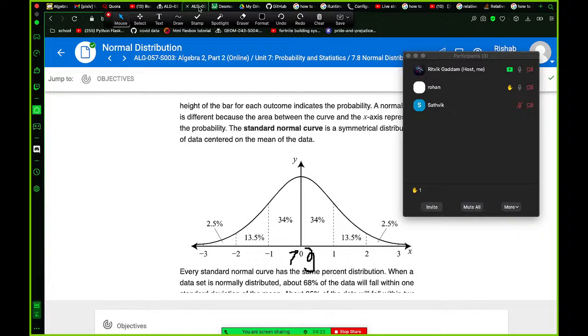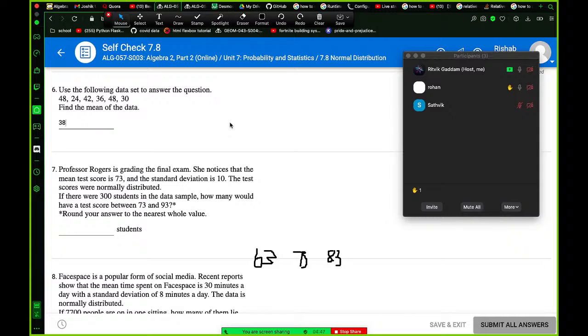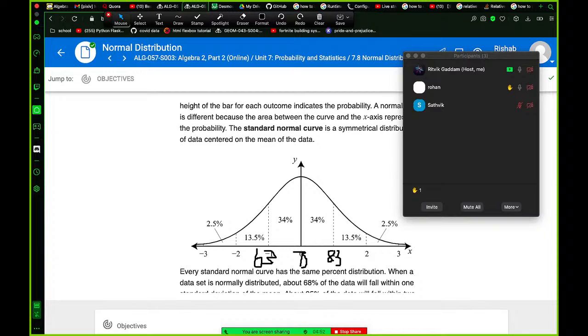So this is 73, and then this is 83, and then this is 63. And can you go back to the question again? And they're asking between 73 and 93. Okay, yeah, now you can go back. So they're asking between this here and this here.